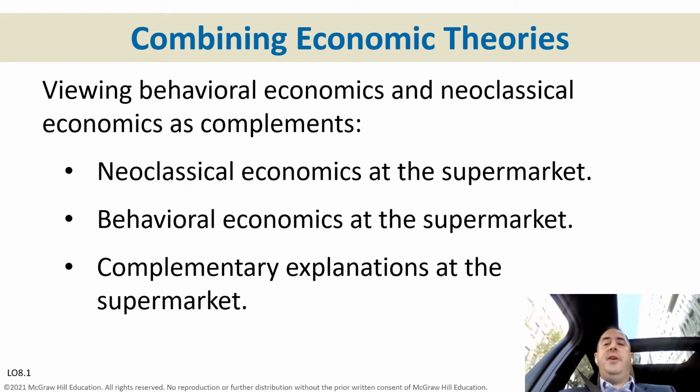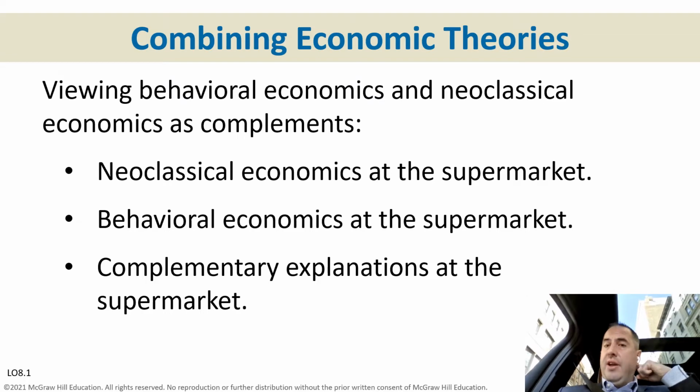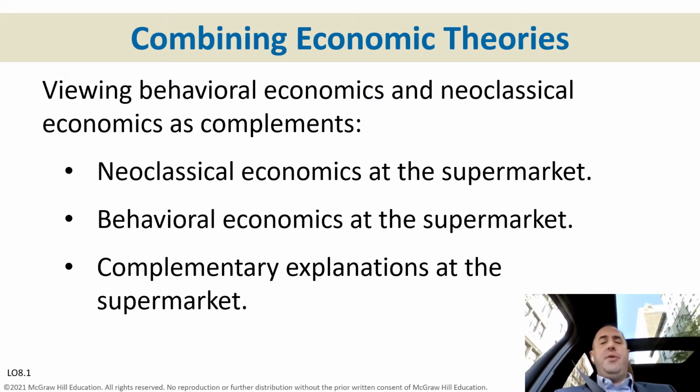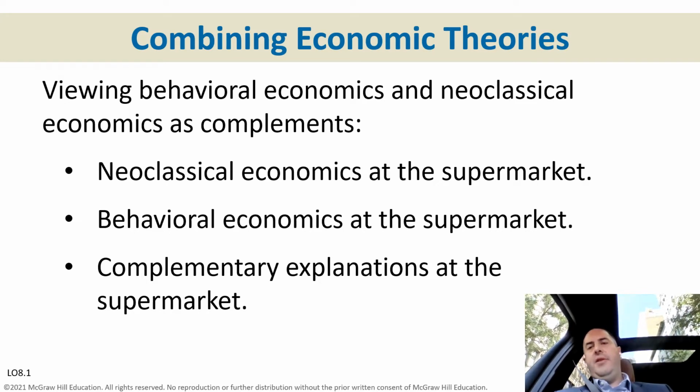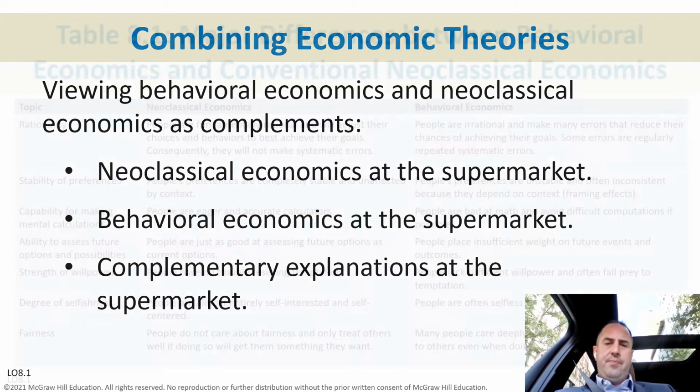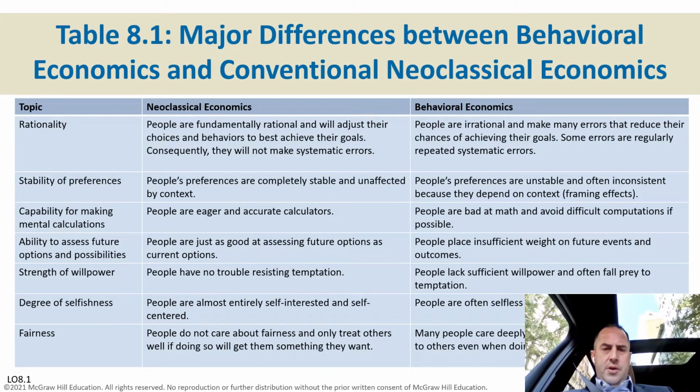However, behavioral economics explains impulse buying and other irrational behaviors as a result of a wide variety of underlying factors. So this is something also to consider when looking at the two. It's almost like neoclassical is the baseline of economics, and then behavioral is meant to explain more of the complex stuff that is not as easily explained.